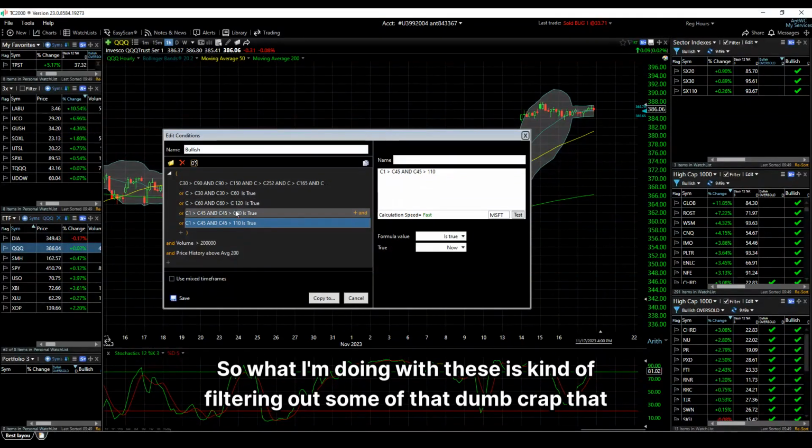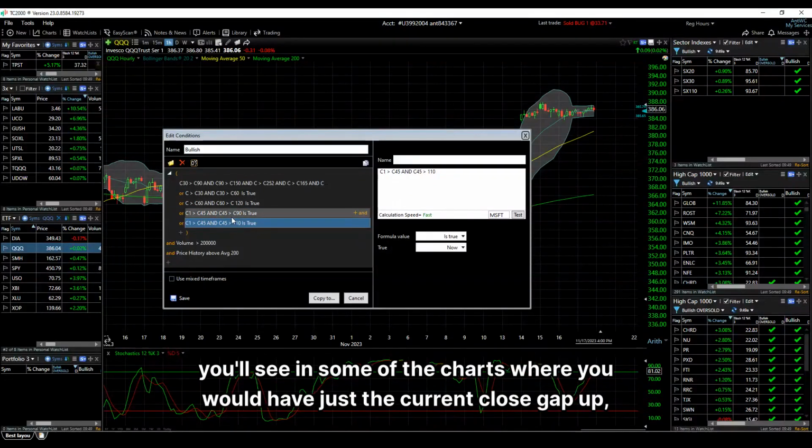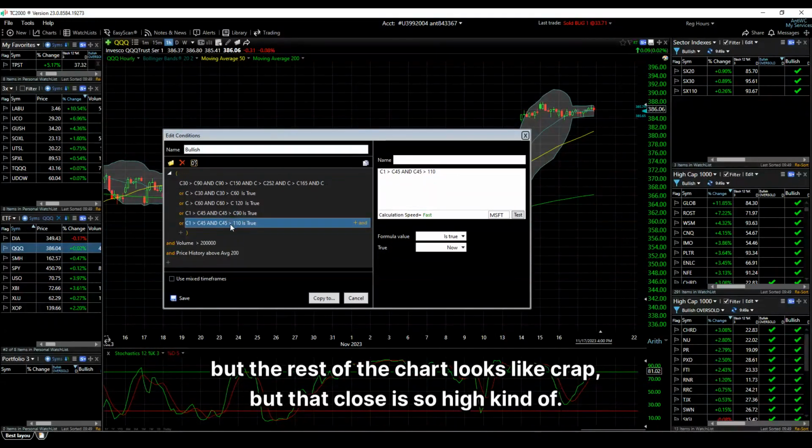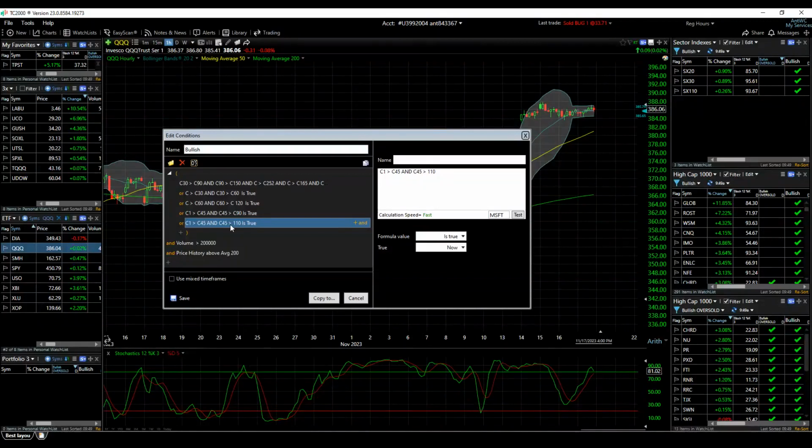So what I'm doing with these is filtering out some of that junk you'll see in some charts, where the current close gaps up but the rest of the chart looks bad. Anyway, it's hard to explain. You almost just got to see it on the chart.